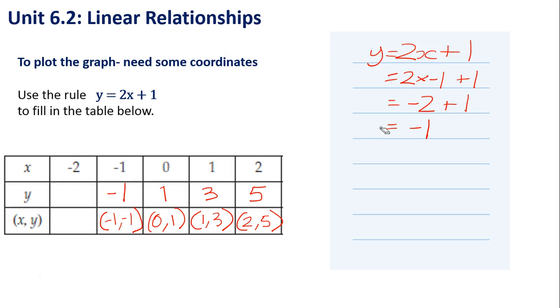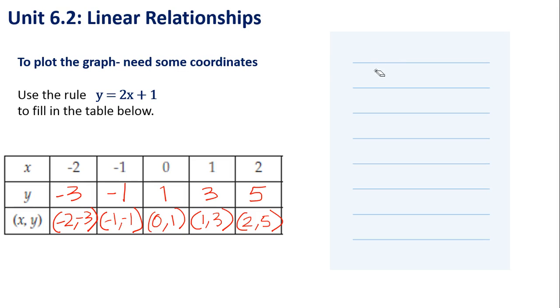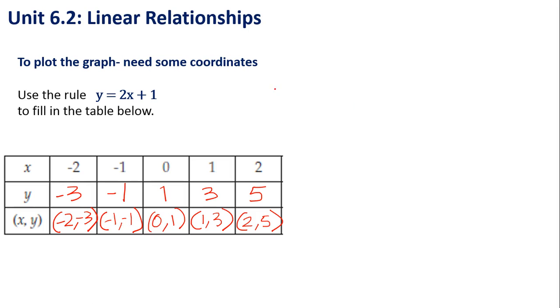And the last one, if x equals -2, we substitute, we've got 2 times -2 plus 1, so that's -4 plus 1, -3. So the last coordinate is -2, -3. Now we've got 5 coordinates that we can plot onto a Cartesian plane, and then we'll be able to draw the linear graph.